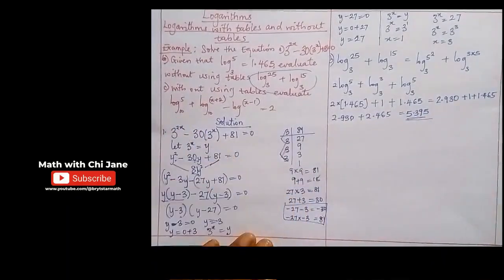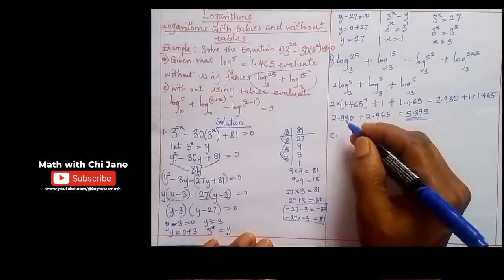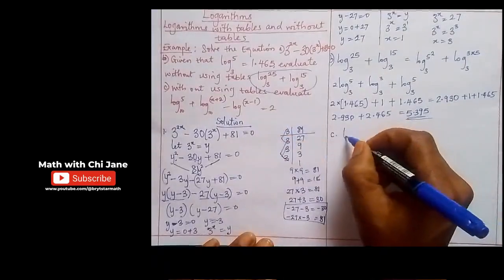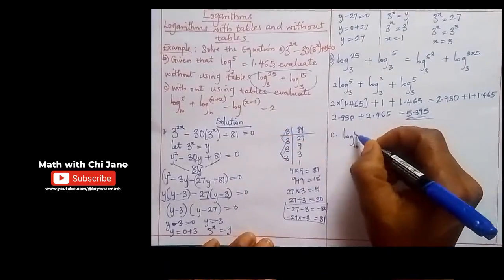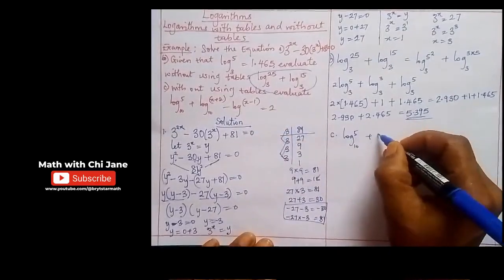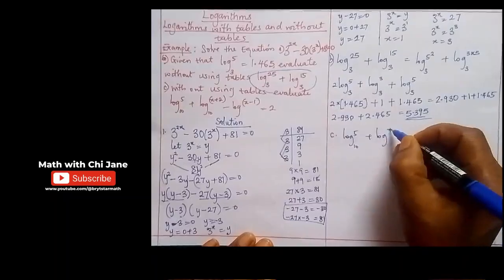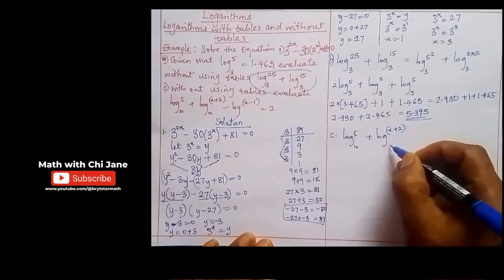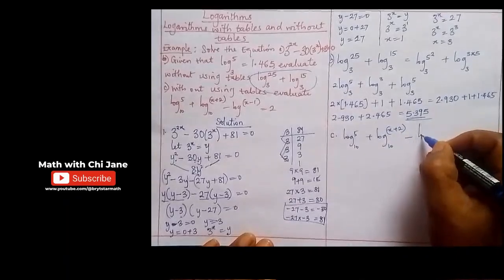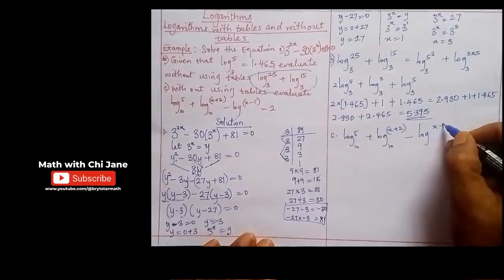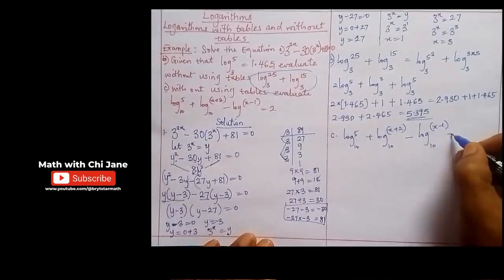The next one is still without using table. It says evaluate log base 10 of 5 plus log base 10 of x plus 2, minus log base 10 of x minus 1, is equal to 2.